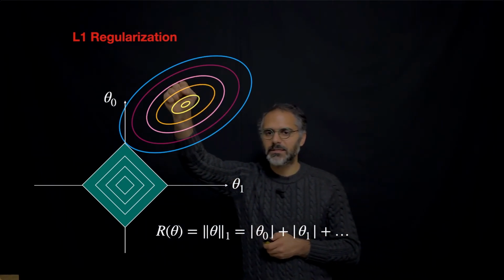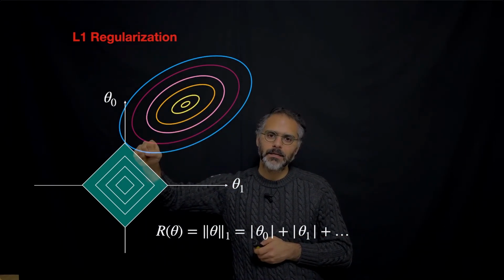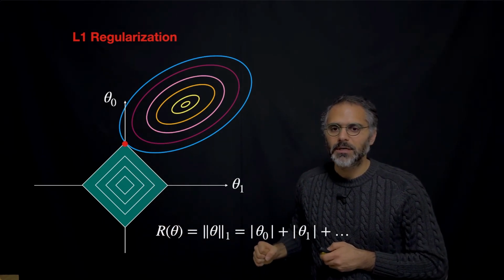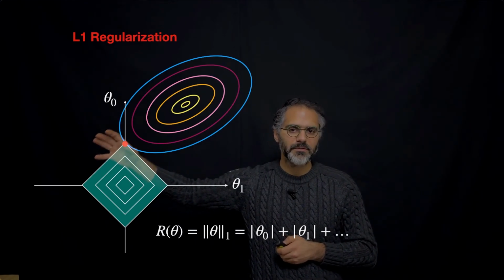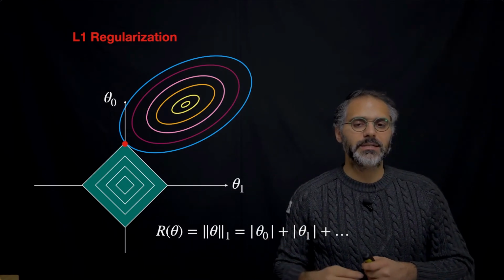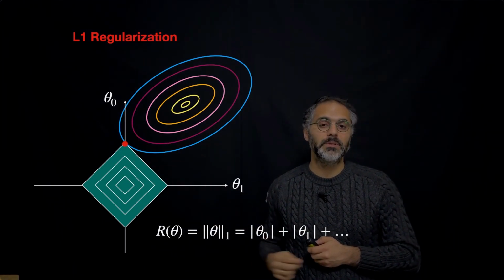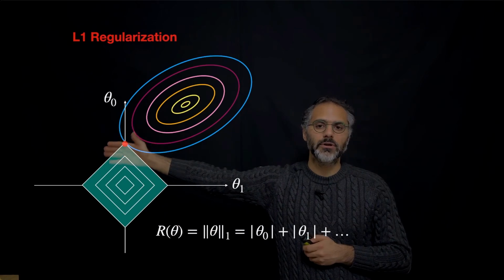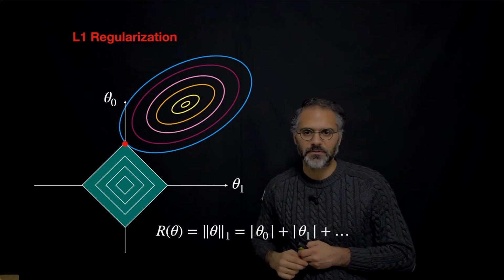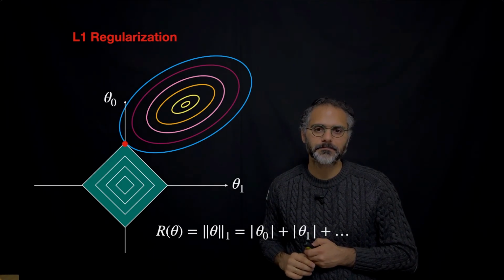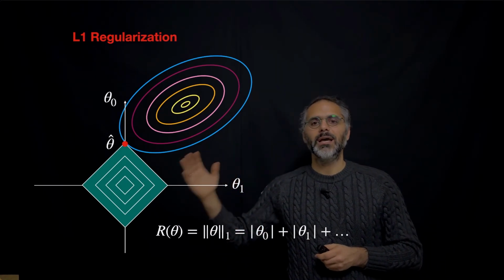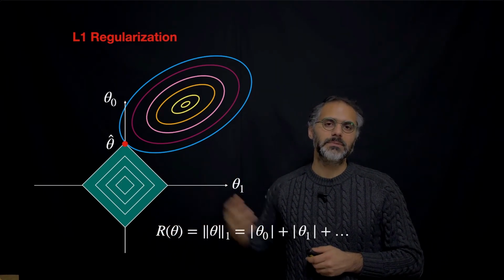And so, same effect, we're going to pull theta closer to the center, so we're going to make theta hat smaller. But while in the L2 case the intersection will be non-zero, in the L1 case it's actually going to be 0. So you have more likelihood of intersecting this ellipse with the tip of this contour plot. So theta hat will look like this. And this is one justification why L1 will sparsify, L2 will just make things smaller.